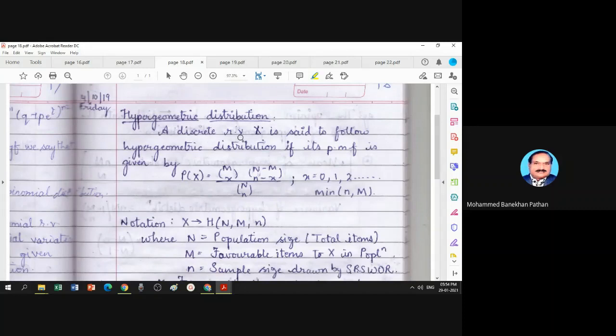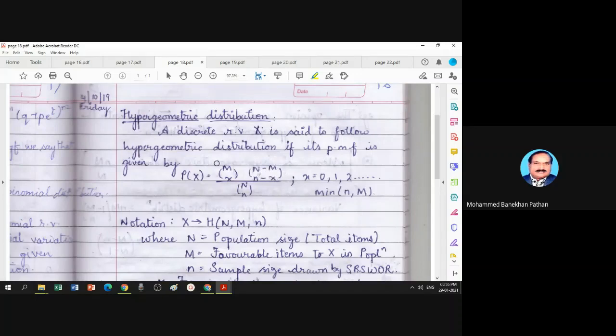A discrete random variable X is said to follow the hypergeometric distribution if its PMF is given by P(X = x) equal to M choose x, another bracket N minus M choose n minus x.